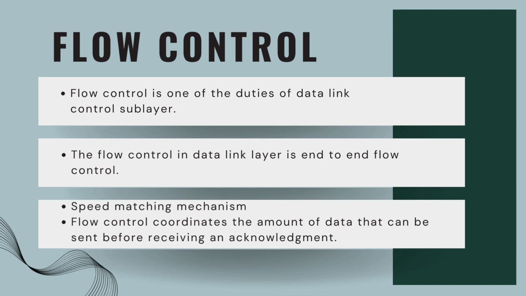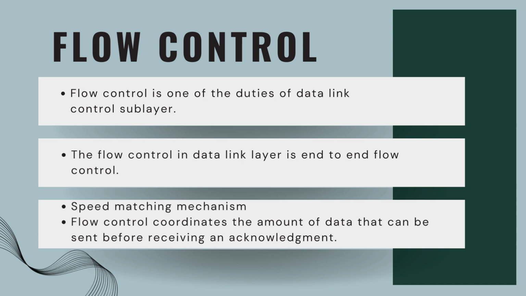The speed matching mechanism is an essential part of flow control. It ensures that the sending device is not transmitting data faster than the receiving device can handle. This helps prevent data loss or corruption due to devices being overwhelmed with too much data to process.